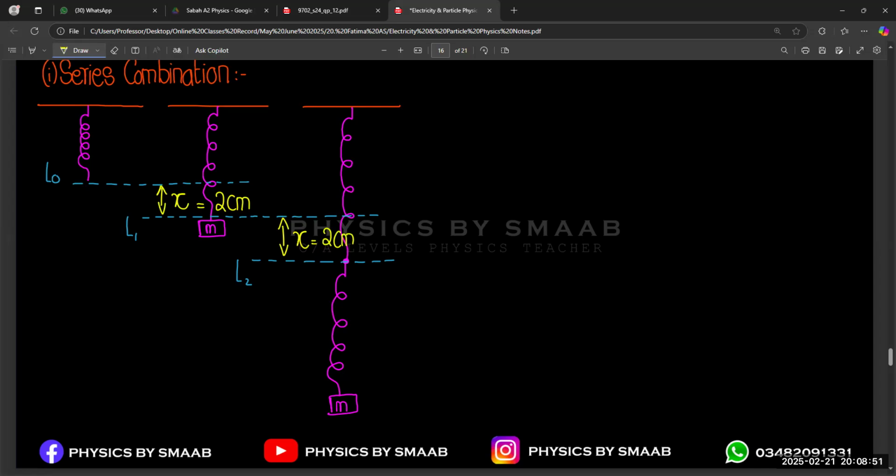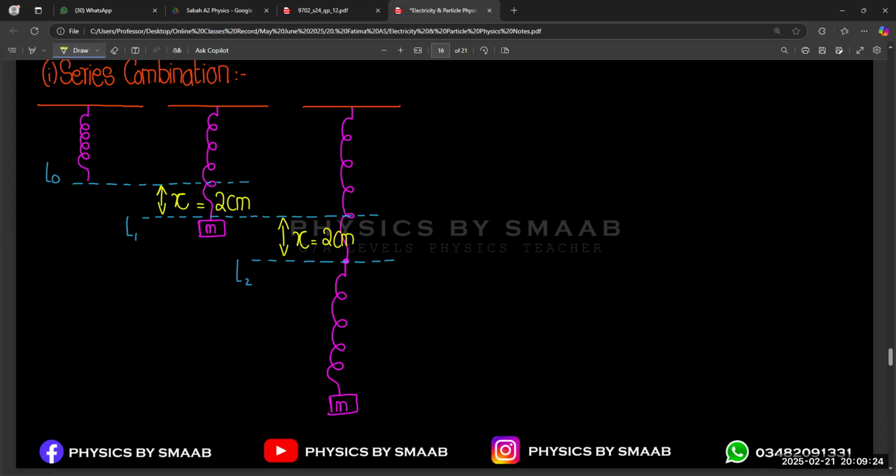Just for example, so initially spring 1 extends by the value of 2 centimeter, but this time spring 1 extends furthermore 2 centimeter, right? So this is the idea of series combination.